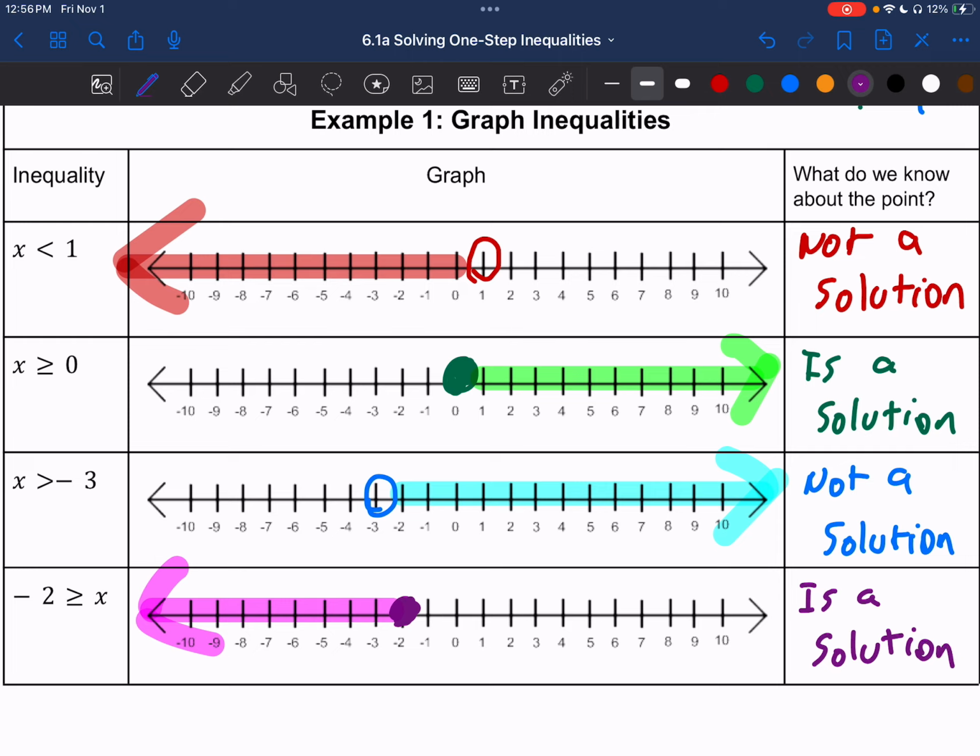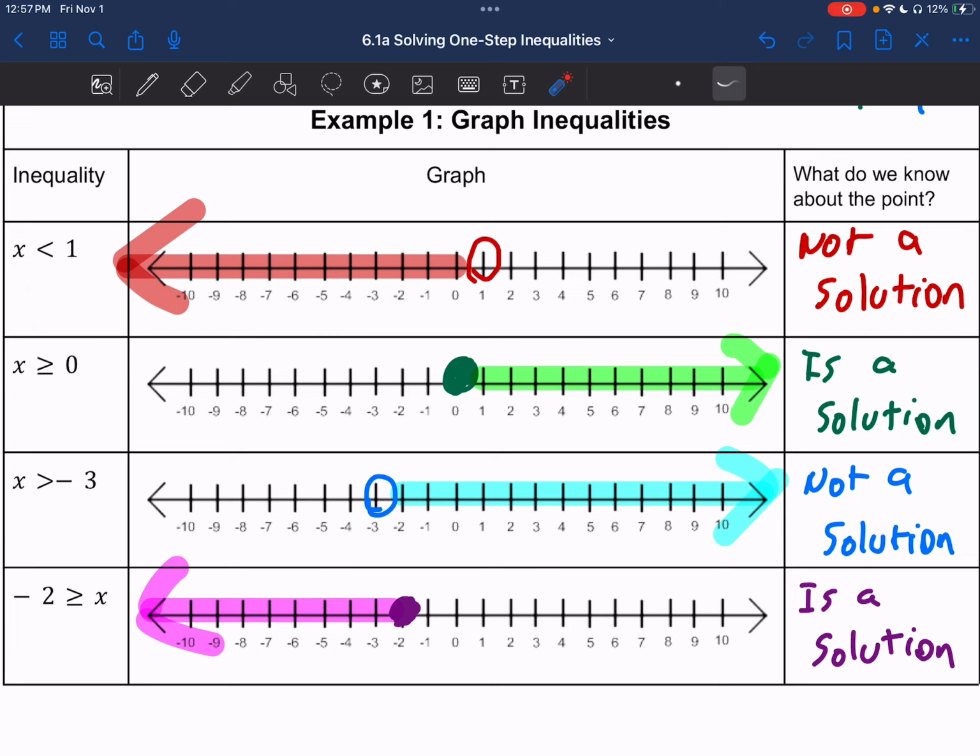Now, I want to point out one thing. When you have the variable on the left-hand side of your inequality, as it is in the first 3, whatever direction your arrow is pointing is the direction your line is going. So you'll notice in number 1, arrow points left, line goes left.